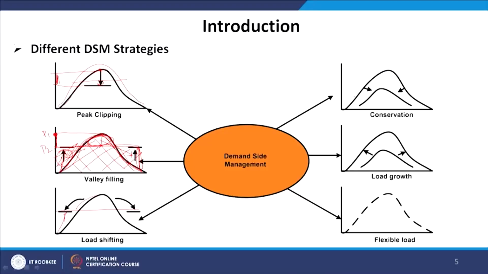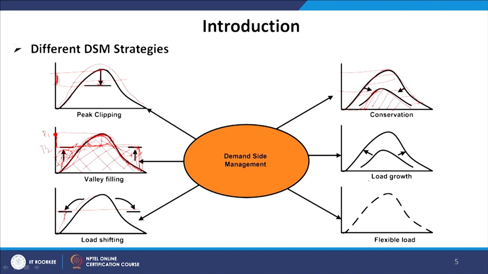The conservation mechanism says that with different LED technologies the energy can be conserved with the same illumination, and through this the characteristic will drop to another characteristic, because the area under it is reduced compared to the previous characteristic, and through this my peak can be reduced.